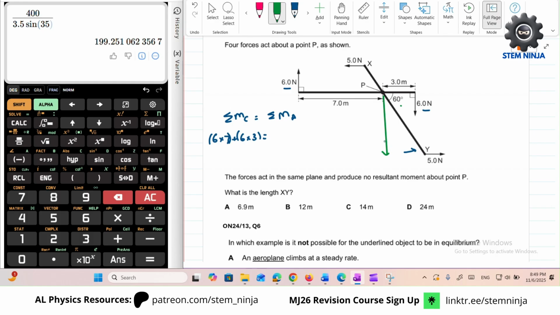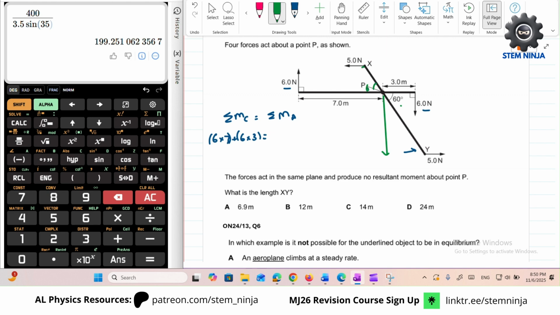We don't know either one of these. So what is the length xy? You have 5.